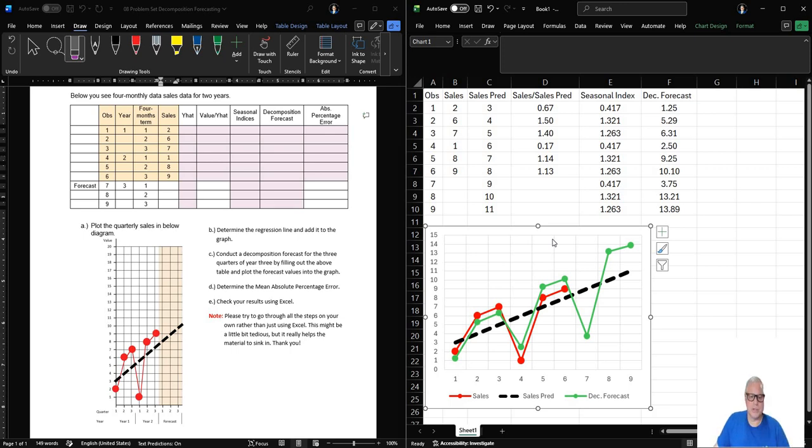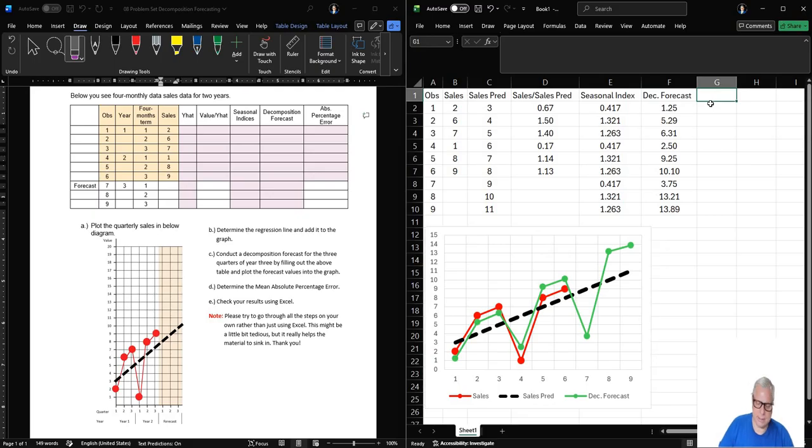And in order to measure that fit, we calculate the MAPE, the mean absolute percentage error. And for this, we need to first calculate the absolute difference between the actual minus the forecast, divided by the actual.